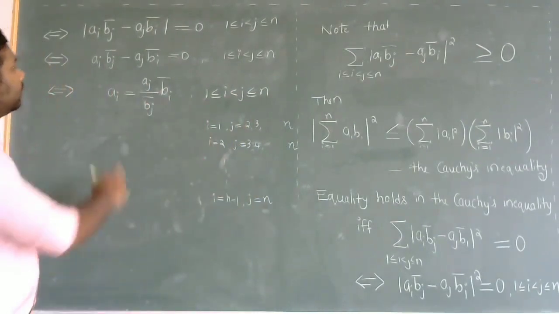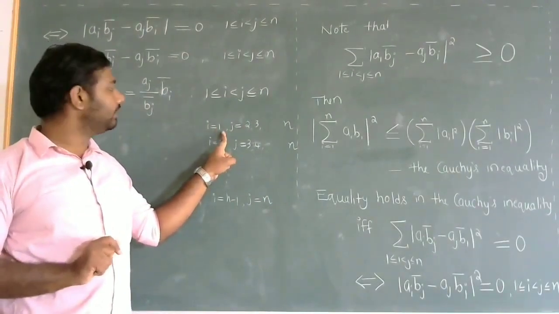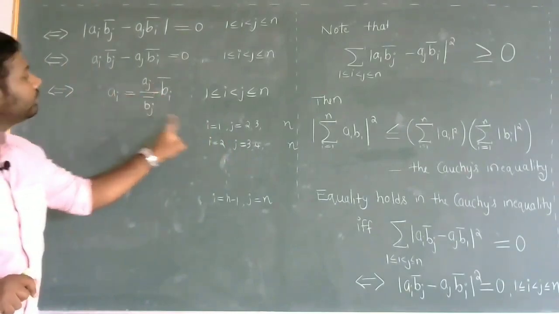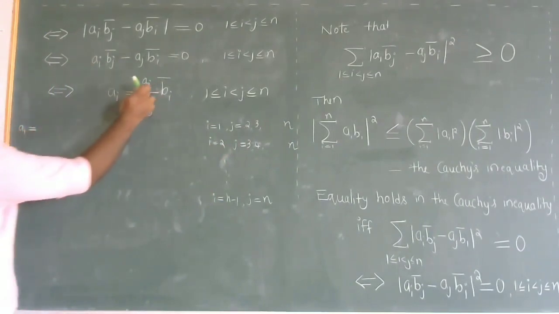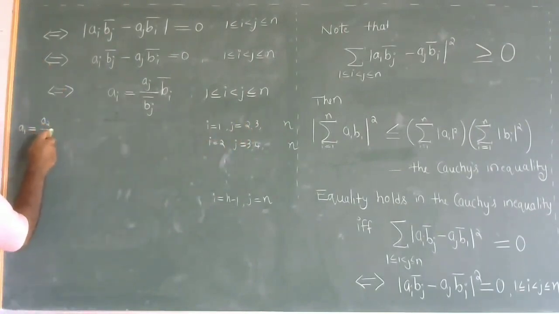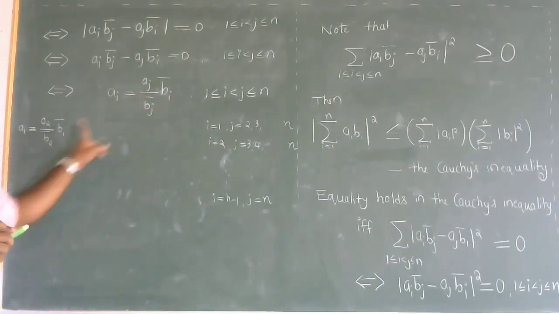Now in this equation, I'll fix i equal to 1. So if I fix i equal to 1, j should run for all these values, right? So a1 is equal to, for the first value j equal to 2, a2 by b2 bar into b1 bar, because i is equal to 1.